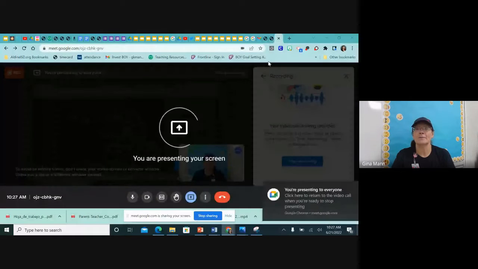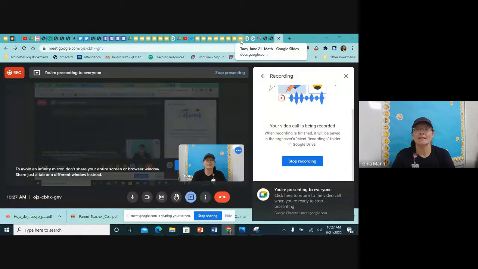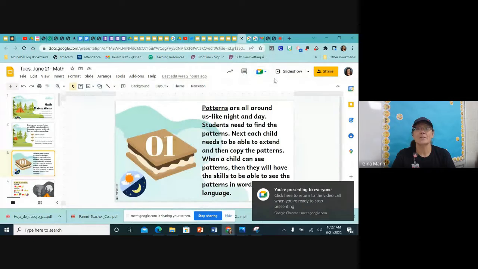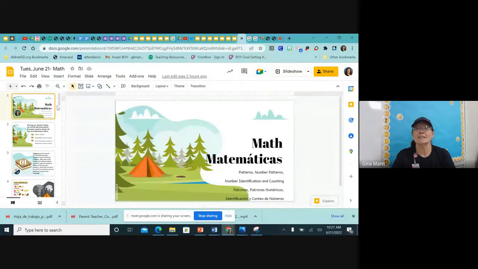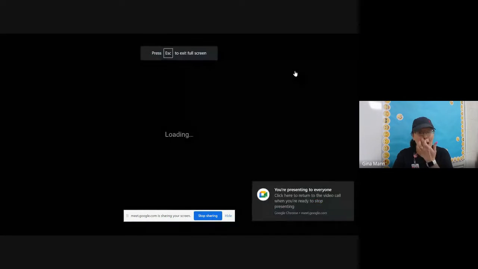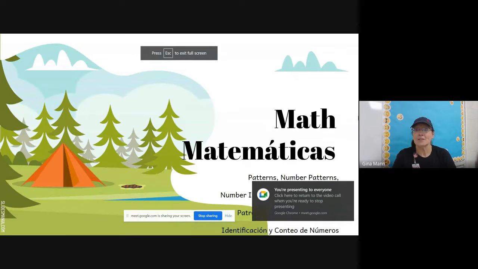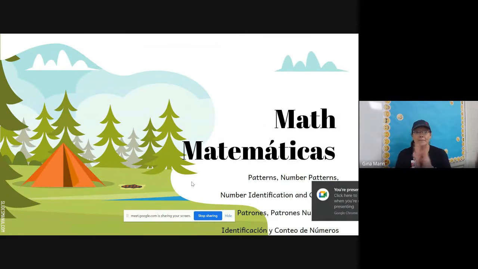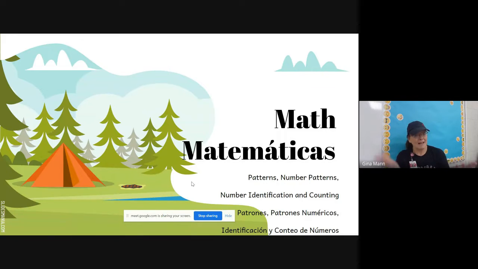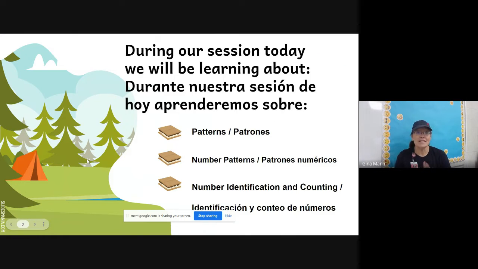Okay, here we go. Let's start at the beginning. As you can see, math, or I put it in Spanish on a few slides, mathematicus, patterns, number identification, and counting. So during our session today, we're going to be learning about patterns, number identification, and counting.